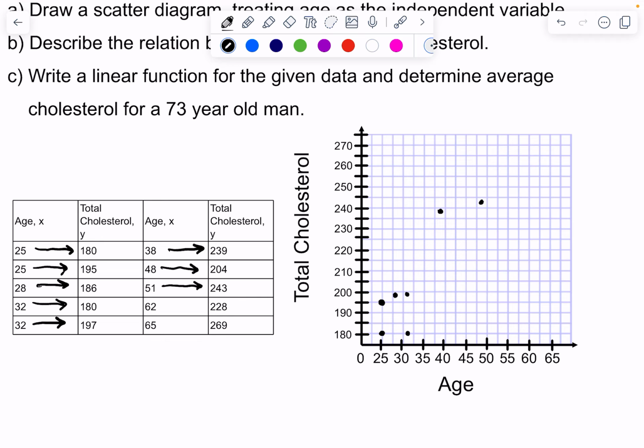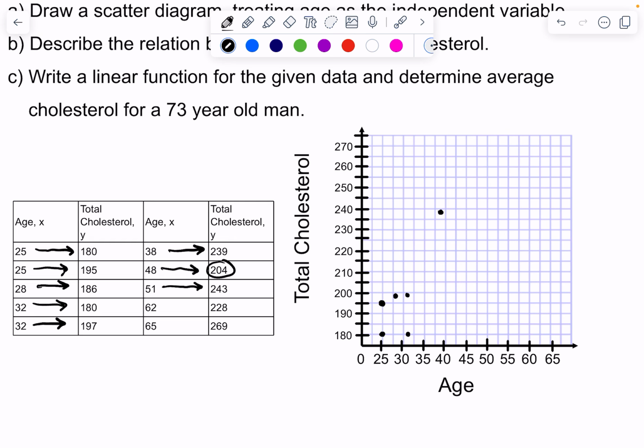A 51-year-old has a total cholesterol of 243, and I'm sorry, the 48-year-old is 204. That's my bad. Pay attention, I apologize. I should practice what I preach. So the 48-year-old has a total cholesterol of about 204, which is about here. That's my fault. I apologize.